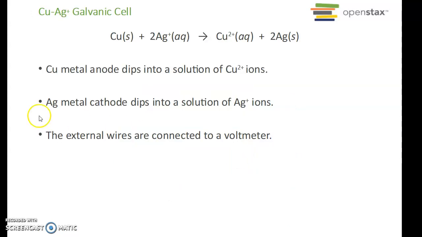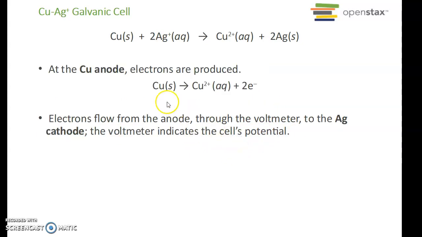So in this one, the copper metal dips into the solution of copper 2+ ions, and the silver metal dips into the solution of the silver ions. External wires are connected to a voltmeter, and one of the key things here is that the energy is going to be measured in volts.